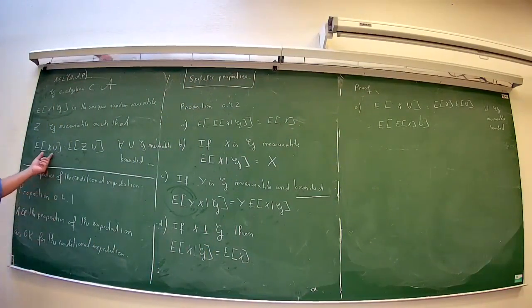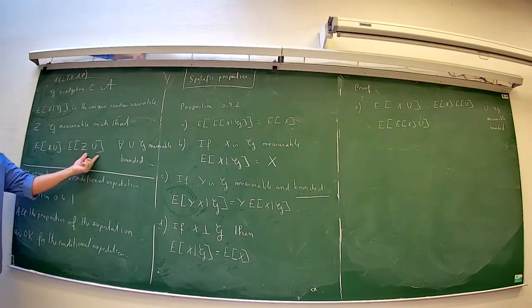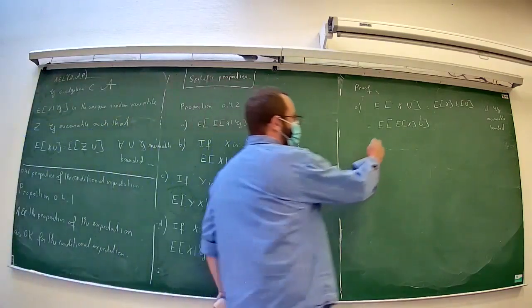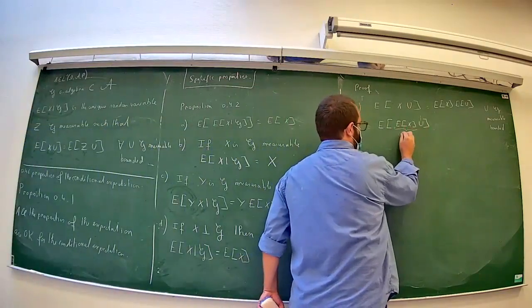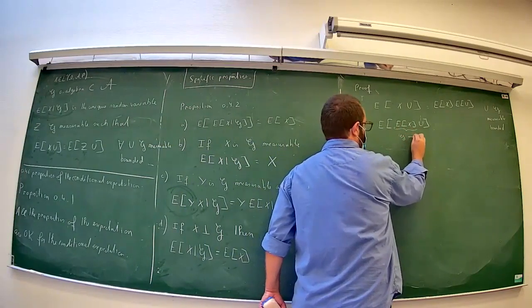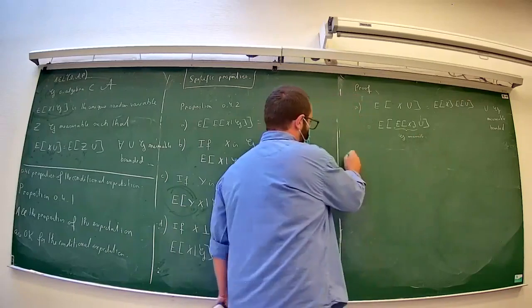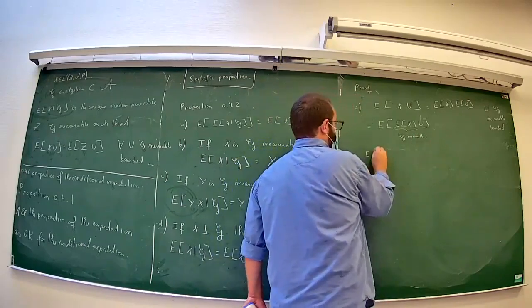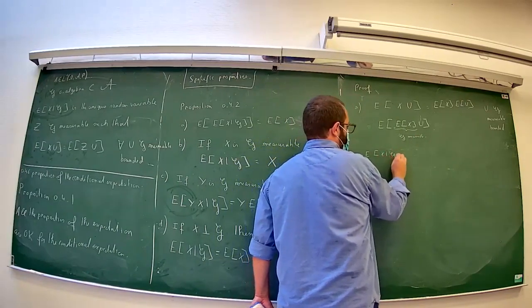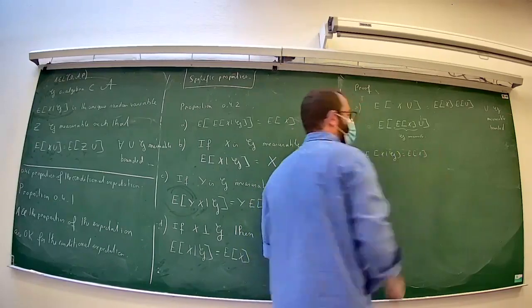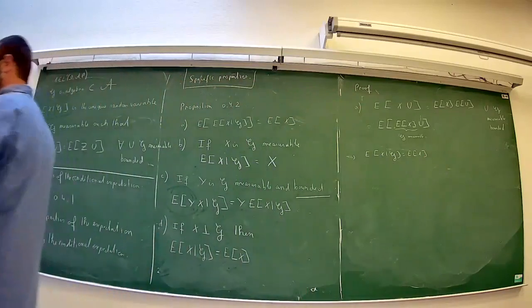Because I have expressed the expectation of x times u as the expectation of someone times u with this someone that is J measurable, and of course it is J measurable because I have a constant here. So the conditional expectation of x given J is simply equal to the expectation.